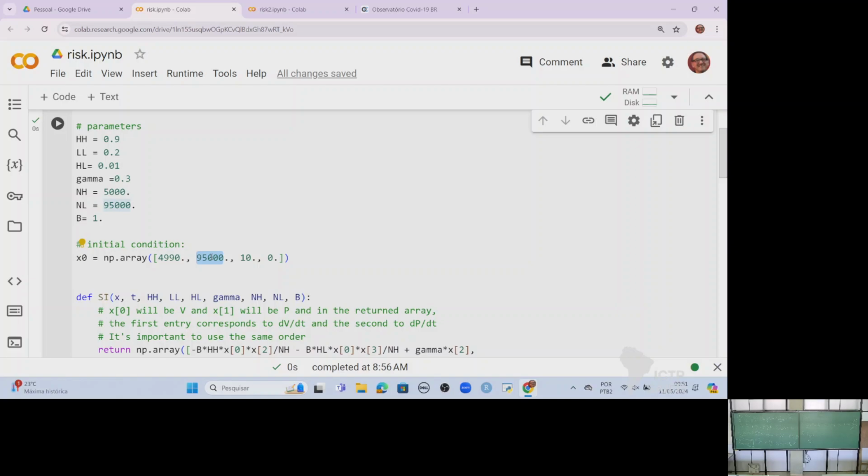And then you write down the equations. Okay? So the first equation is, as I told you, this B is, at the end I put it equal to 1, so never mind about this.